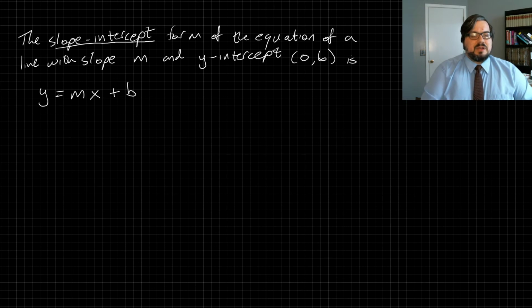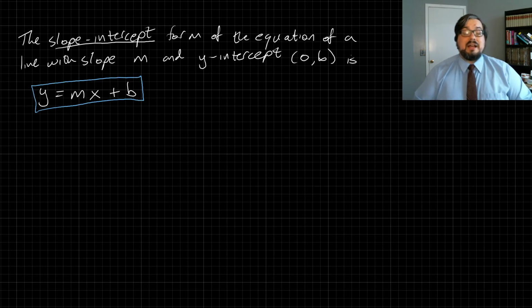So this is what we call the slope-intercept form. And it's called that because the slope and the y-coordinate of the y-intercept can be read off directly from the equation. So we have y equals mx plus b.